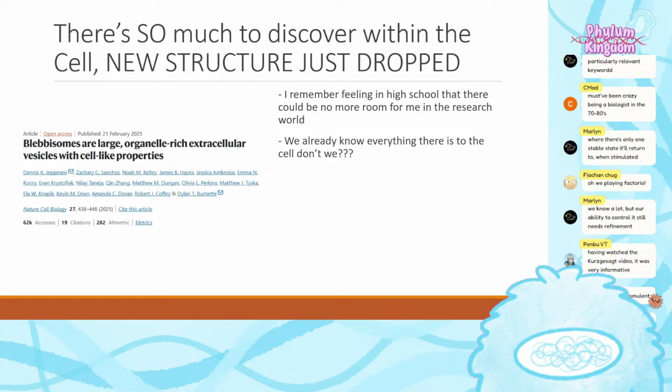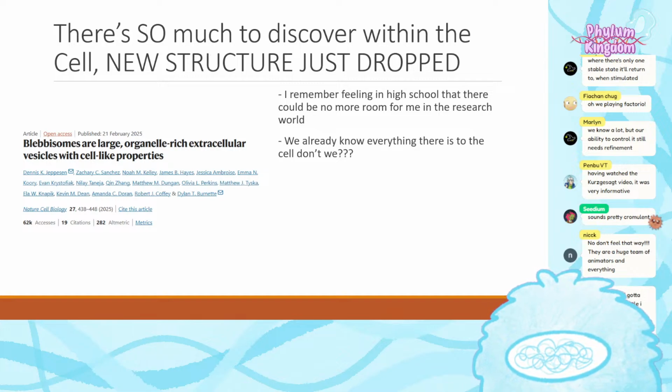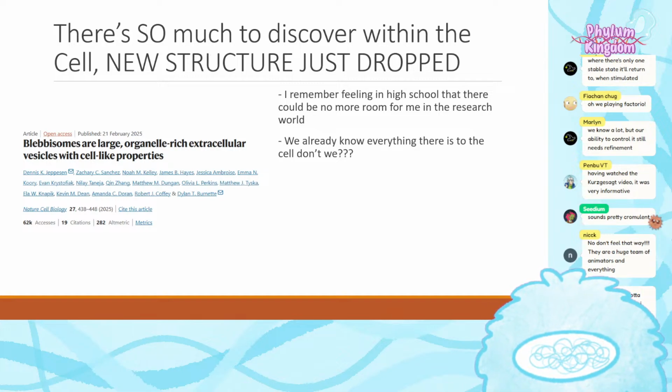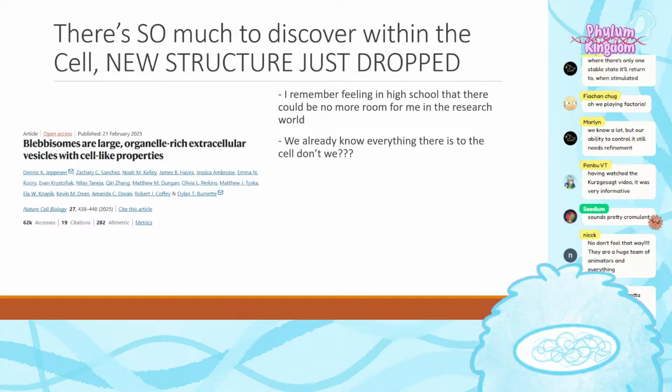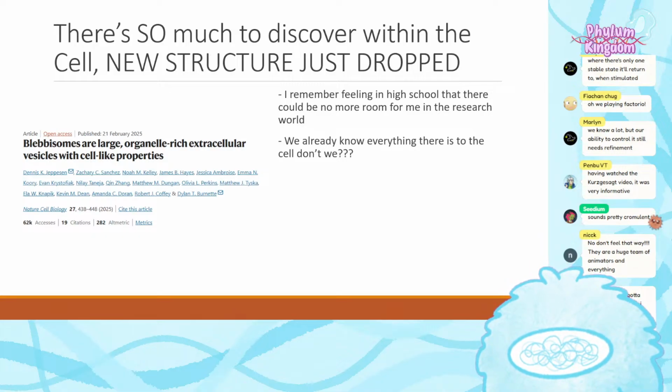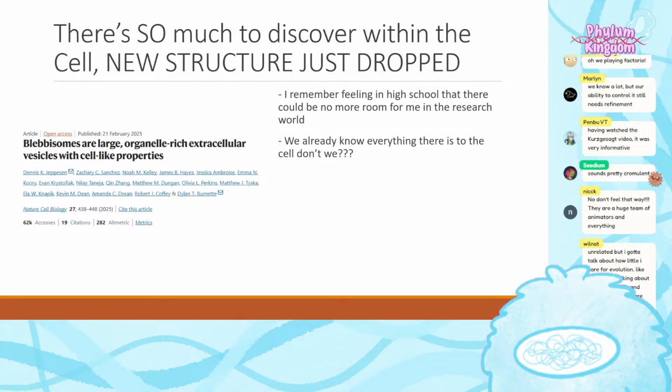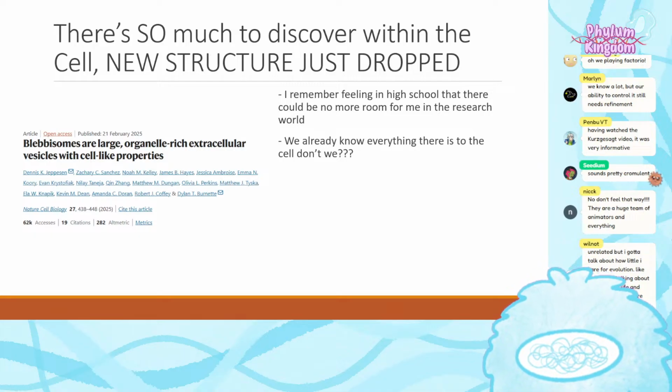Because a disservice that was true for me learning AP biology in high school was getting the feeling that it was already done, right? I remember the distinct feeling of, oh my gosh, there's so much that we already know about the cell. We already know how the cell cycle happens. We already know X, Y, and Z.